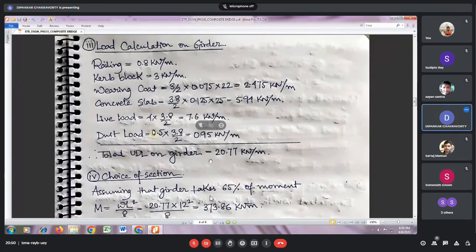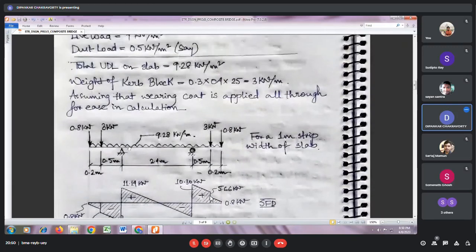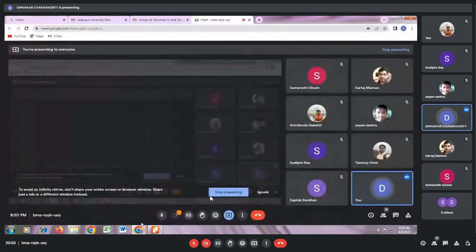Okay. Now, if you want to get the load calculation on the girder, then basically see this particular reaction, is it not the load on the girder? Just hold on for a second.